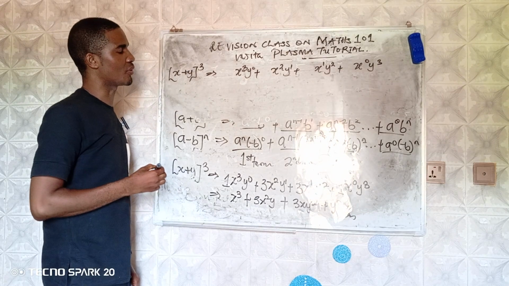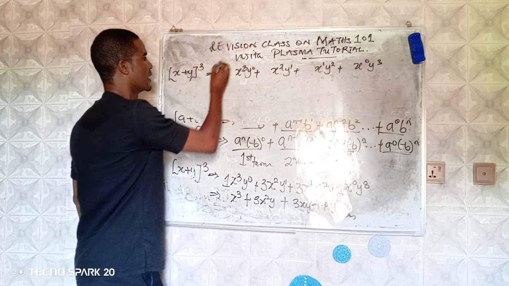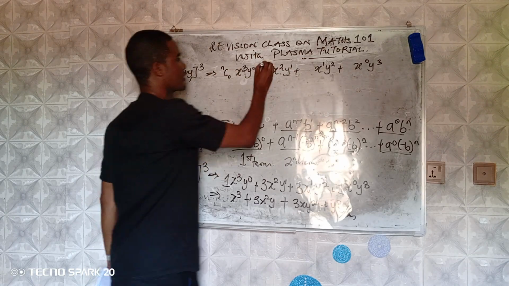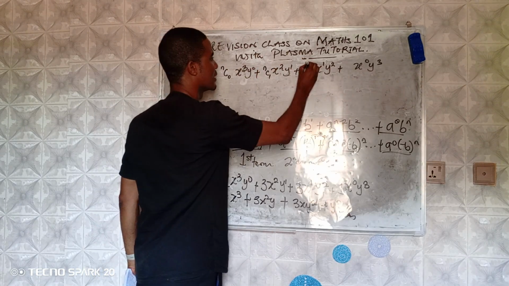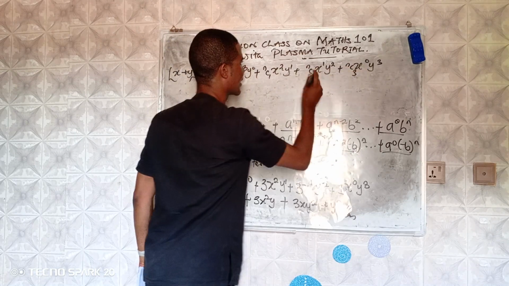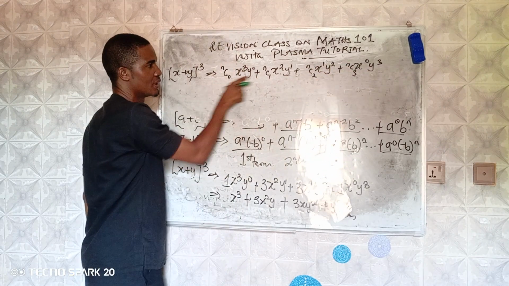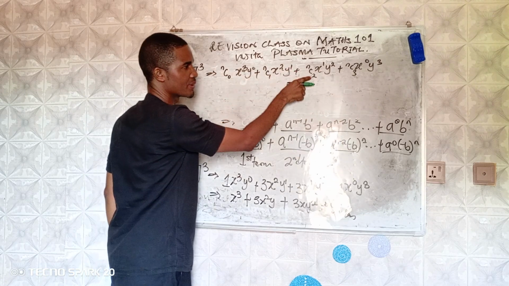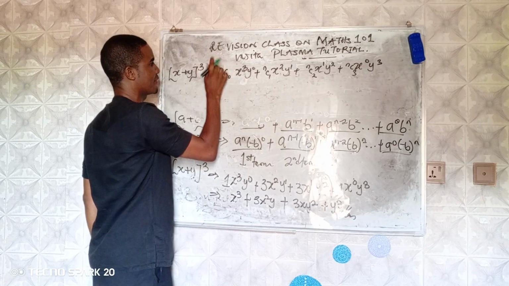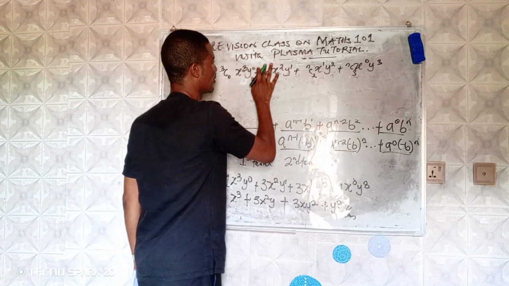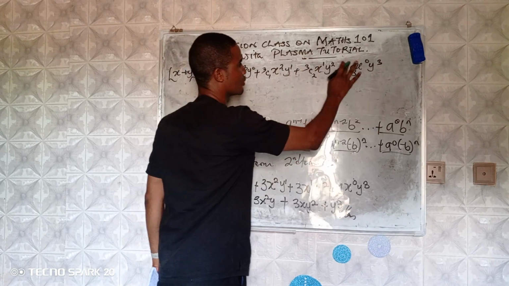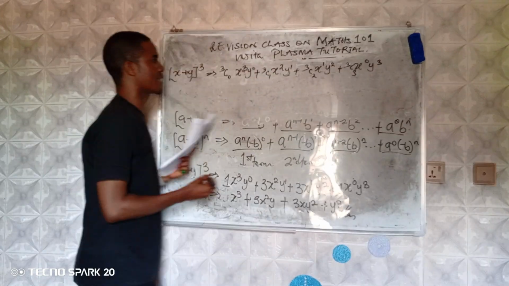Then to add coefficients, I don't want to use Pascal, I use combination. So I have n combination 0, n combination 1, n combination 2, n combination 3. But my n here is 3. So I have 3 combination 0, 3 combination 1, 3 combination 2, 3 combination 3.